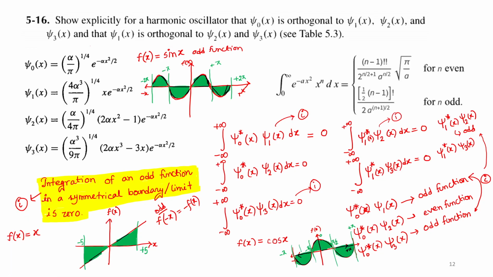Here it is minus pi. Here it is plus pi. Here it is 3 pi by 2. Here it is minus 3 pi by 2. Okay.